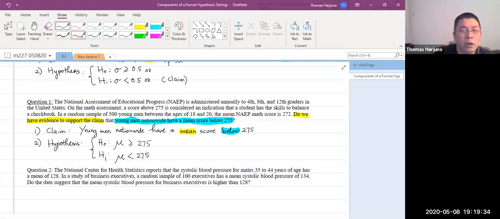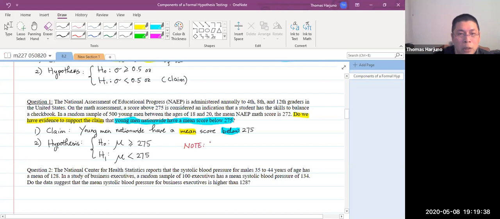But from here, let me write a note. If you use, for the null hypothesis, mu equals 275, as in our textbook, I don't want to mark it wrong.